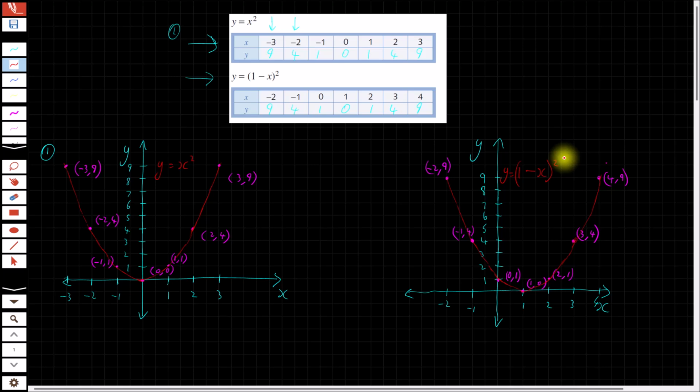So that completes this lesson on filling in a table of values using two functions and then plotting the results.